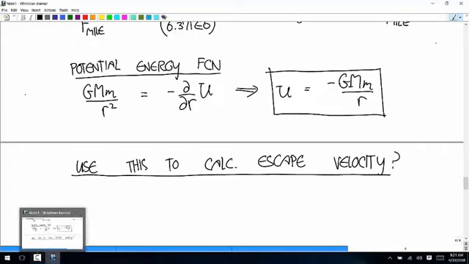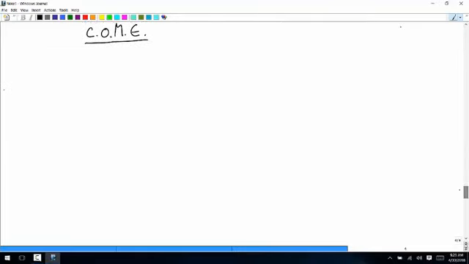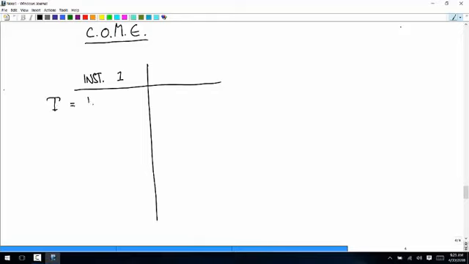Okay, so think for a second. We're going to use conservation of mechanical energy. At instant 1, we're at the surface of the Earth with some speed v.